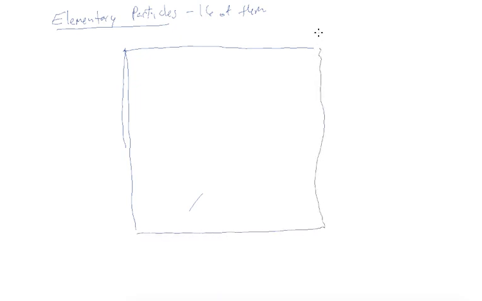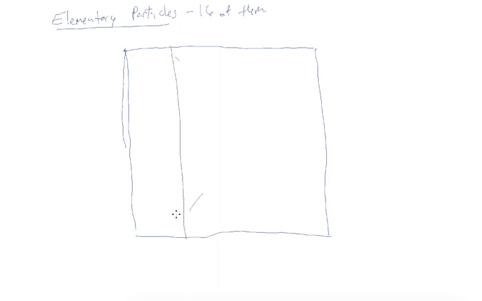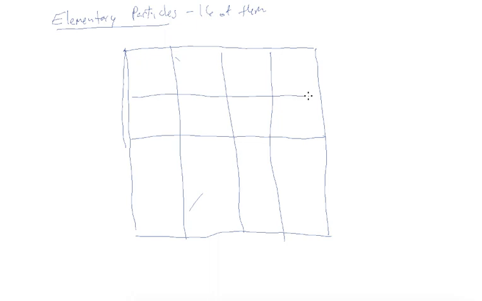Okay. Let me undo that. So it's 4 by 4. And there's a better picture of this in your books. But basically, there's a nice division right here, and there's a division right along here.